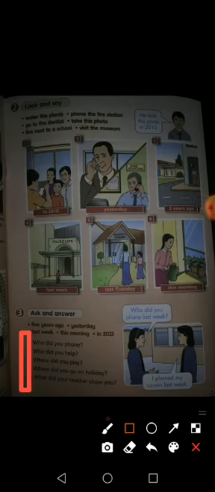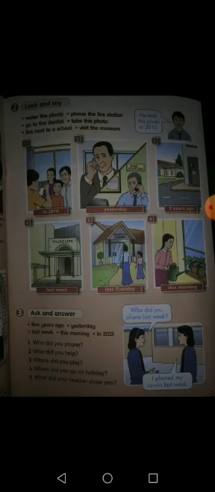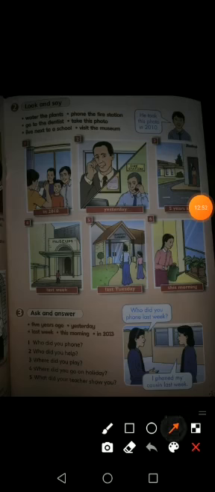Look, here we have a question. Who did you phone? Who did you phone last week? Okay, so the answer is I phoned my cousin last week. If I ask you, who did you help?